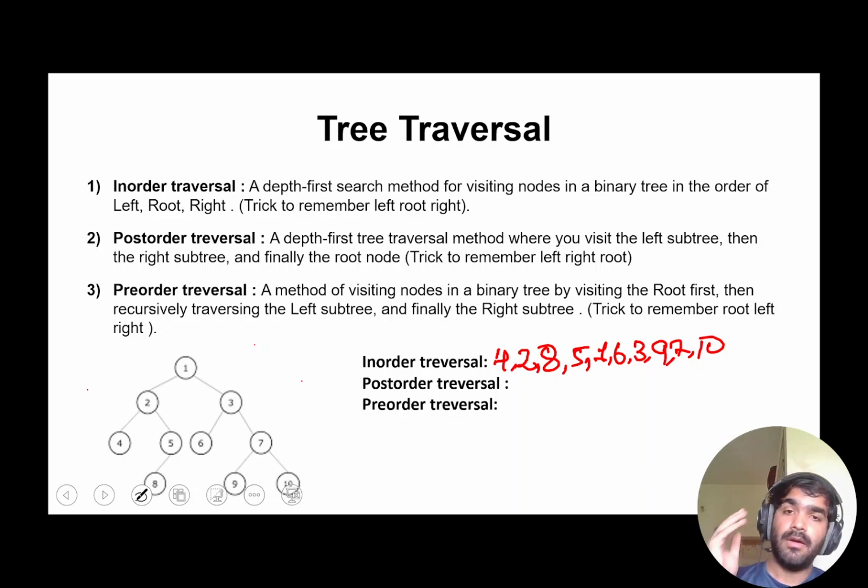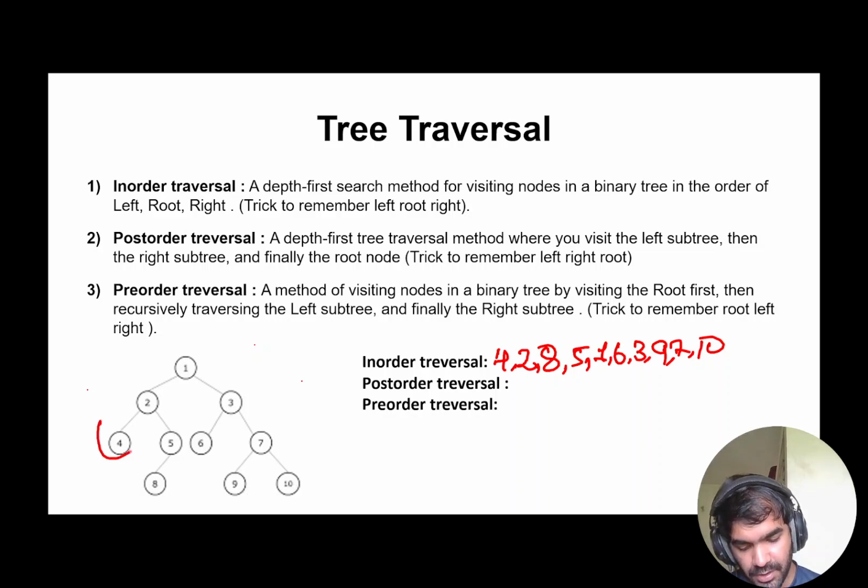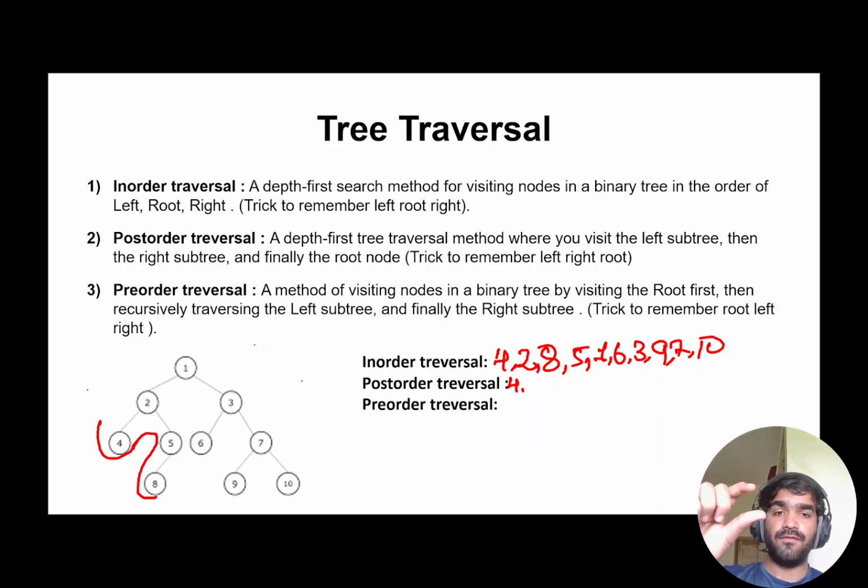By the trick I am going to do it left, right and root. Let's go to the left bottommost, which is 4, and print it out. And then go to the right bottommost. We don't have a right child of node 5, so we will directly go to the left child of node 5, which is 8, and print it out.